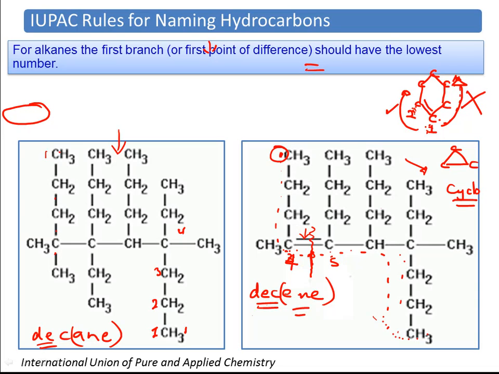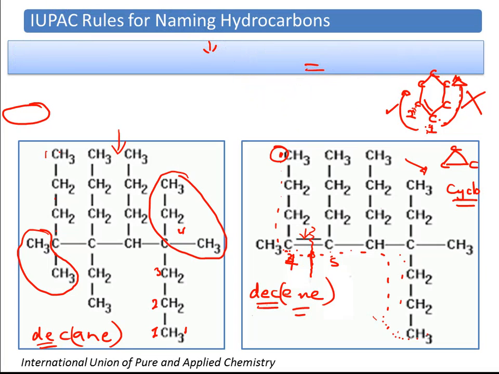In that case, this one here is heavily substituted with similar groups. This one, even though it's heavily substituted, has different groups, right? Which I have to consider now, which way would give me the lowest possible combination of locant numbers. I think that's the easiest way to look at this. With this rule here, I wouldn't want you to be picky about that. Just follow what I've told you.